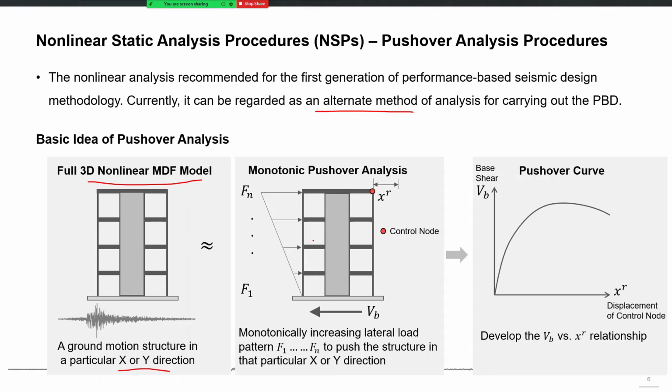So at the end of this practice, you plot this curve which is called the pushover curve, which is a curve between base shear and the displacement of the control node.